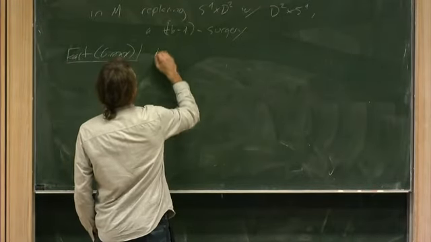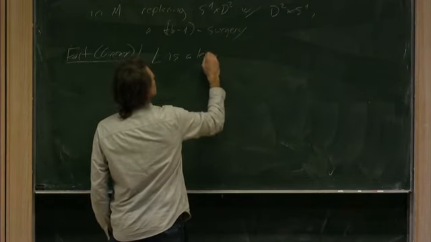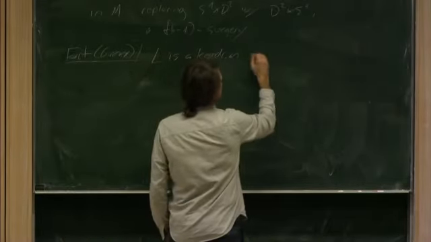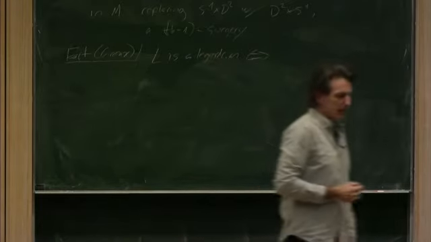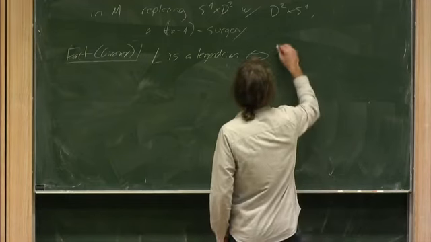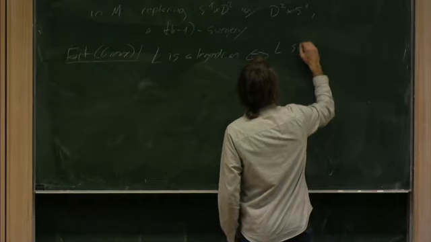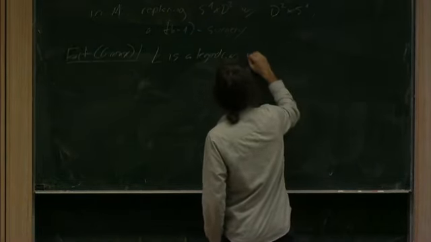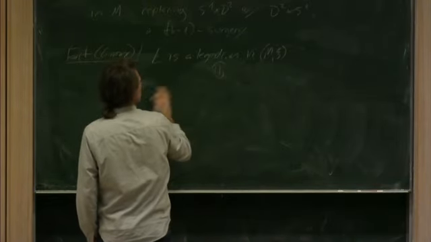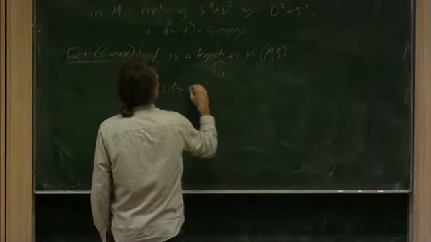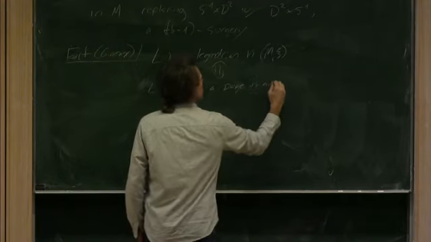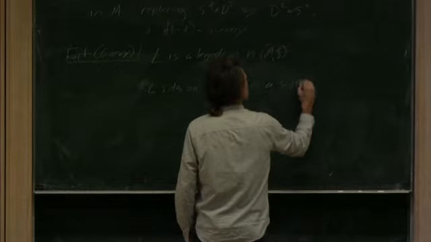That if L is a Legendrian, not necessarily connected, in a contact manifold (M, C), then it can be realized, L sits, on a page in a supporting open book decomposition.